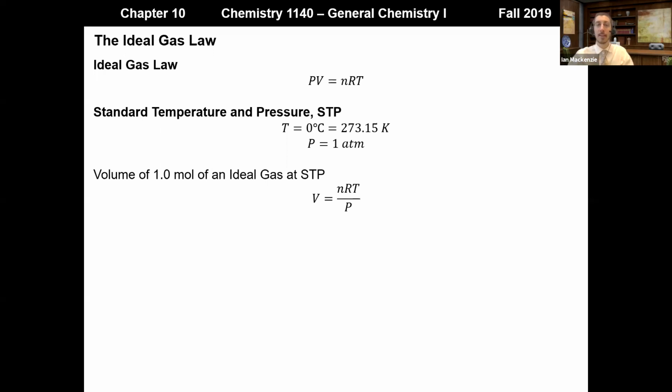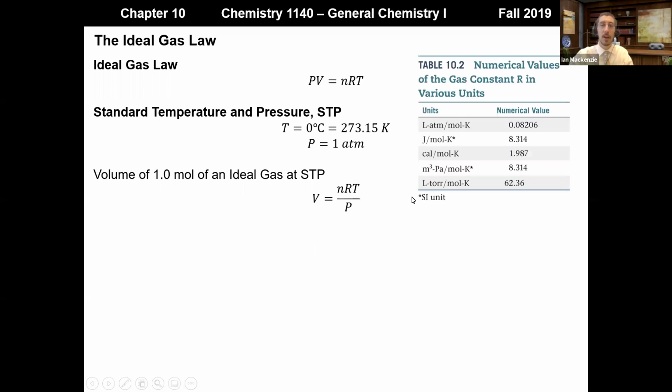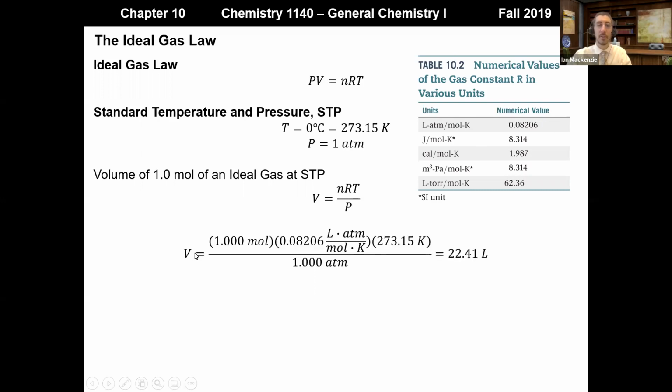Simply by taking the ideal gas law, we're solving for volume here, so we divide both sides by P. Volume is equal to nRT over P. We know T and P, and n is 1, and we substitute in for R. Using the appropriate gas constant, we're using atmospheres for pressure, so here we use the top value for R. Substitute those values in, and what we find is that 1 mole of an ideal gas should occupy 22.41 liters of volume.